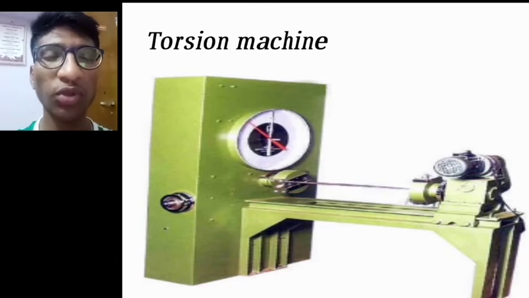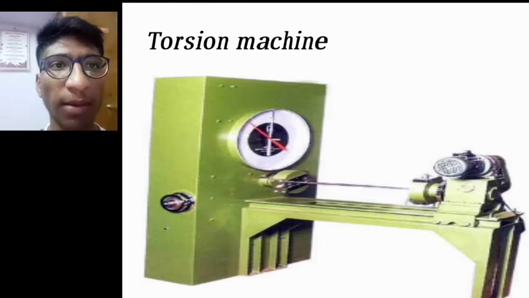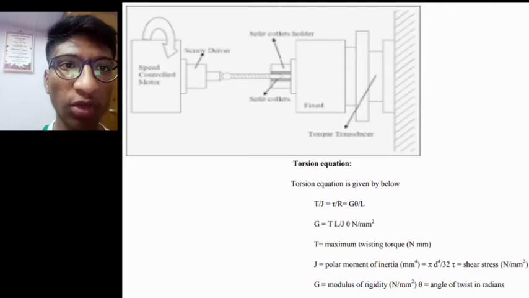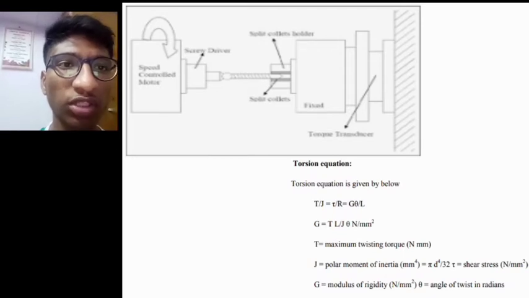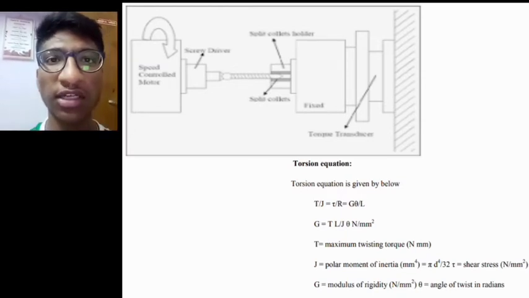So how to find the rigidity modulus, friends? We will go back. We have one equation: T by J is equal to tau by R is equal to G theta by L. G is the finding factor. T means torque, the maximum twisting force. In the laboratory we have two machines.